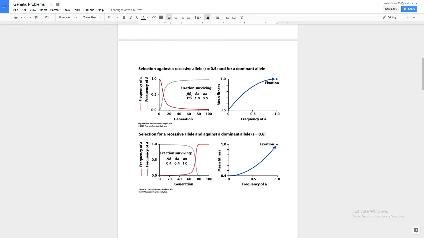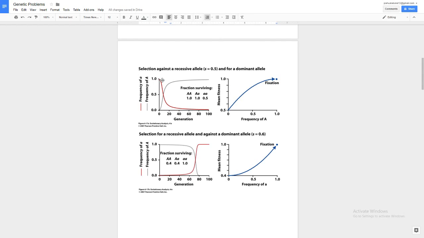So the dominant allele is what is being selected for. It gives us a nice little chart here, and it shows us that even if the frequency of the dominant allele starts way down towards 0, and the frequency of the recessive allele starts towards 1, if there is a selection against the recessive allele, you'll see this exponential curve of the frequencies.